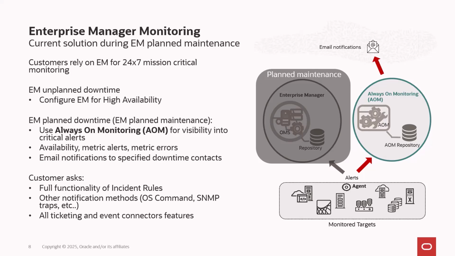They've also asked that we continue to support, during this planned maintenance period, the other notification methods, such as OS commands, SNMP traps. And they also want us to continue to enable all of our ticketing and event connector features, which open tickets to third-party systems such as ServiceNow, or send events to external event systems such as Microsoft SCOM.